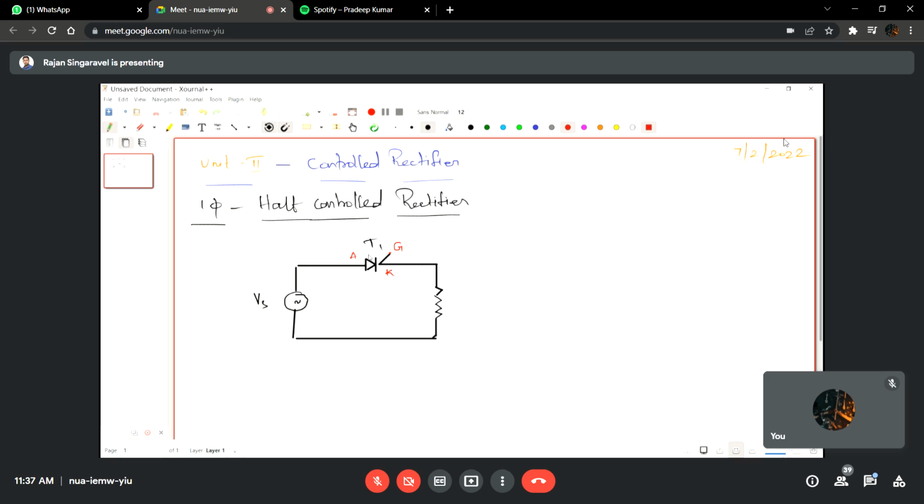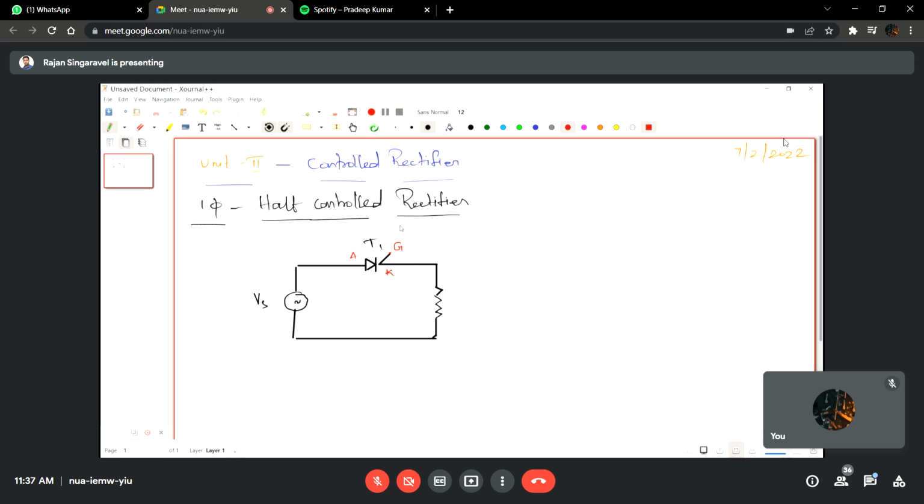And since it is an R load, exactly at omega t equal to pi, the current becomes less than the holding current, and the thyristor will be back to the off condition. And during the negative half cycle, the thyristor is in reverse bias condition, and even if you apply a gate pulse, the thyristor cannot be turned on by the working principle of the thyristor, and from omega t equal to pi to omega t equal to 2 pi, there won't be any conduction.